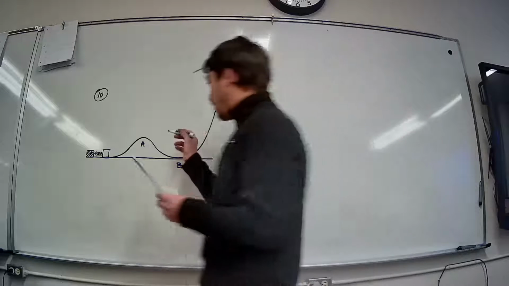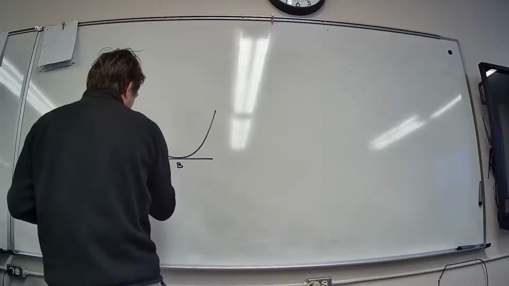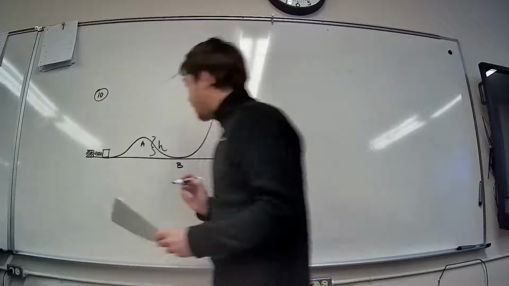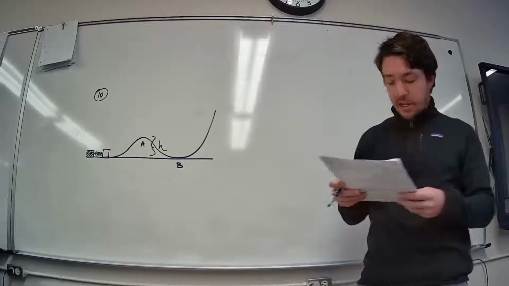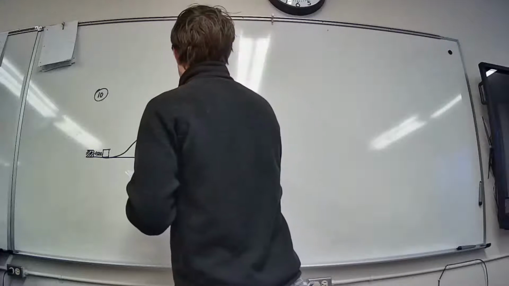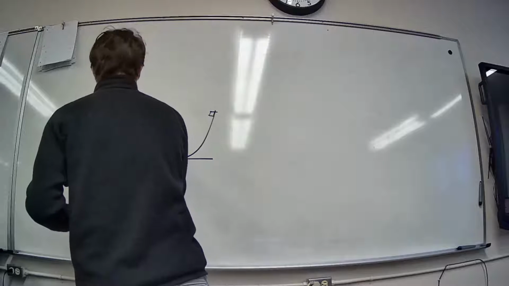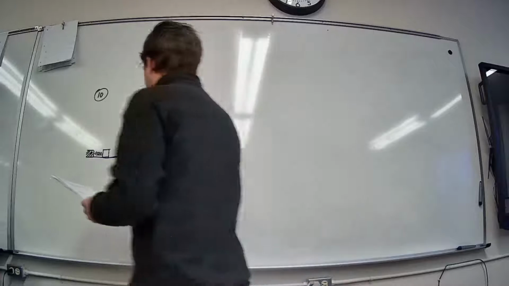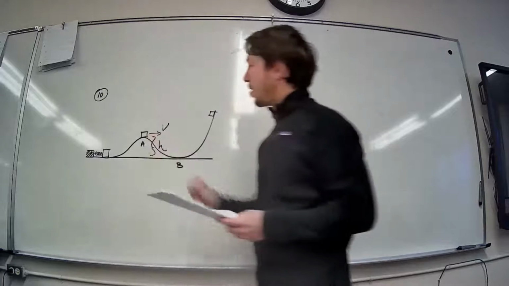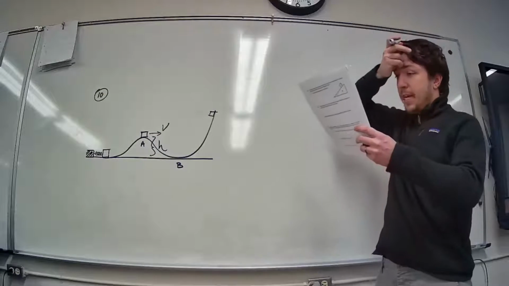And the height of the hill in the middle is h. Eventually we're going to answer two questions. The first one is, how fast would the block be going at the top of the Humpty Dumpty?